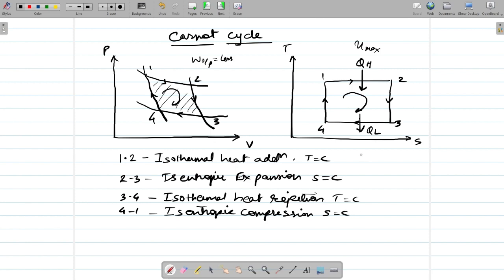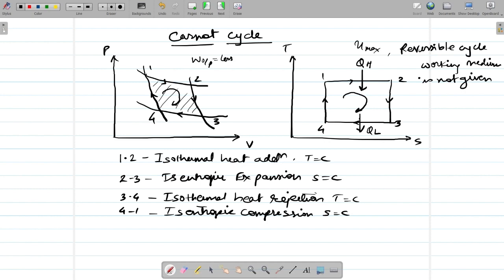The Carnot cycle is a reversible cycle, and it gives the maximum efficiency. Here in this cycle, the working medium is not given. In the reversible cycle, the assumption is that the working medium is not given.